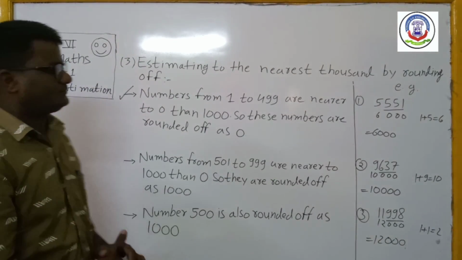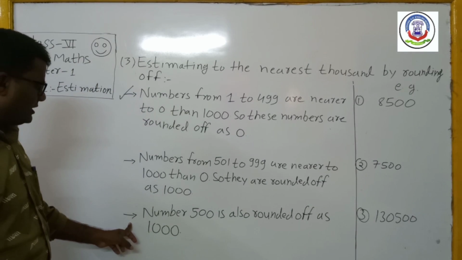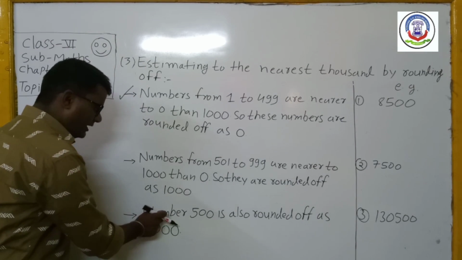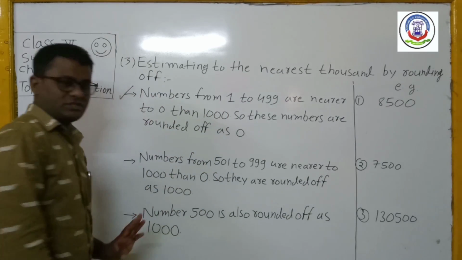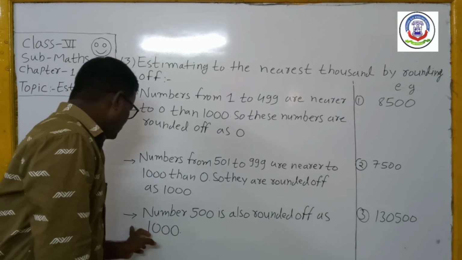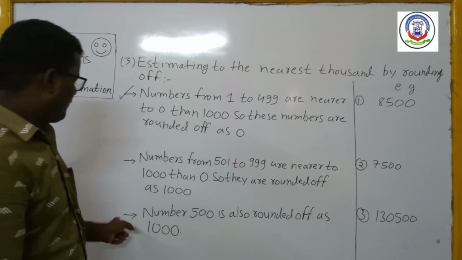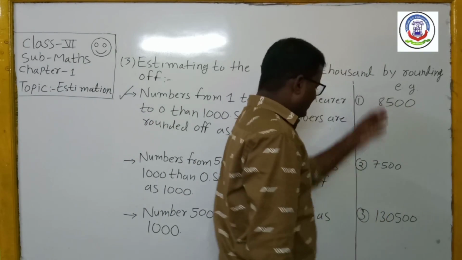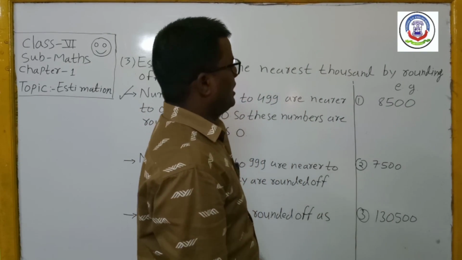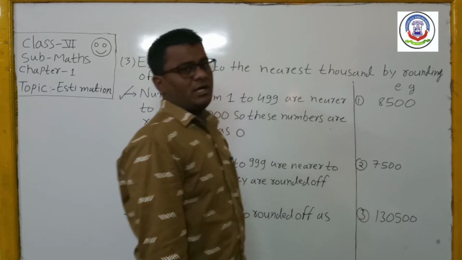Okay students, now we'll move to another point, that is, number 500 is also rounded off as 1000. You have to remember this third point. Now we will see some examples for this point. Here I take 3 examples. And first example, 8500 is given to us.